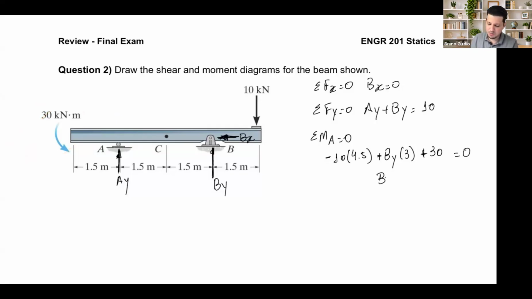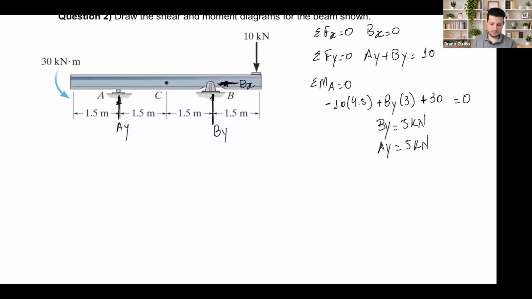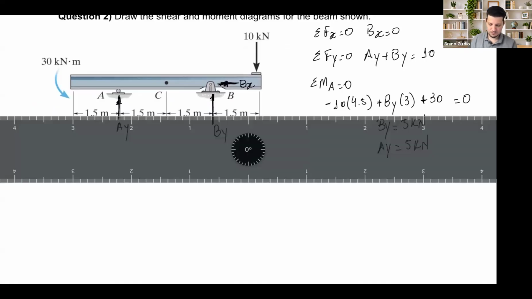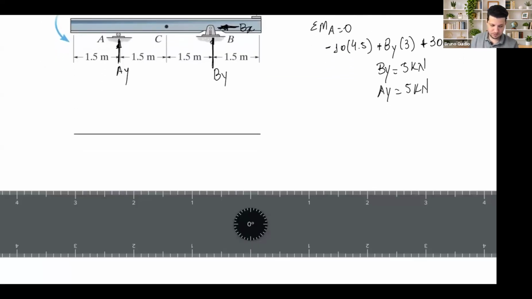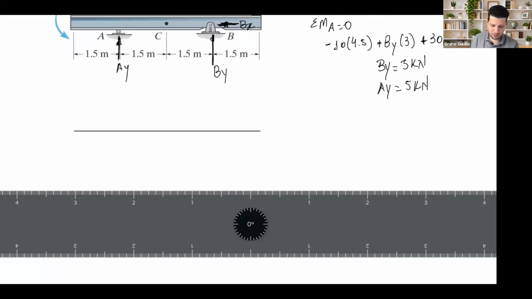At the end, I'll find BY 5 kilonewtons, AY 5 kilonewtons as well. Take a look, see if you agree with that.